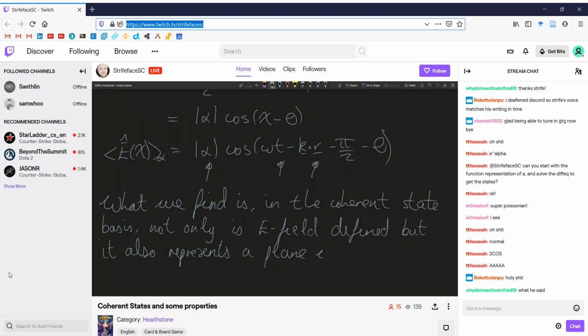The way I like to think of the coherent states is that they are the most classical quantum state you can get. It's a quantum state that has a classical limit, both from relative fluctuations decreasing as n bar increases, as the mean photon number increases, and down at the bottom, where we find that they also resemble a plane wave, which is commonly used in electromagnetism.